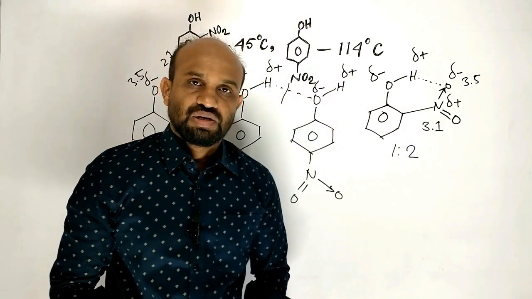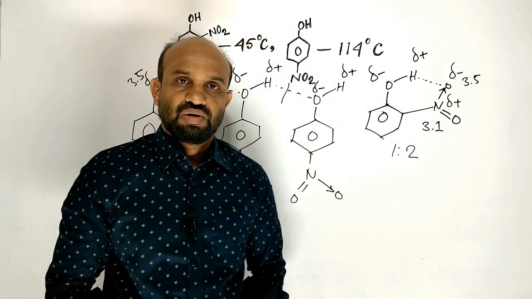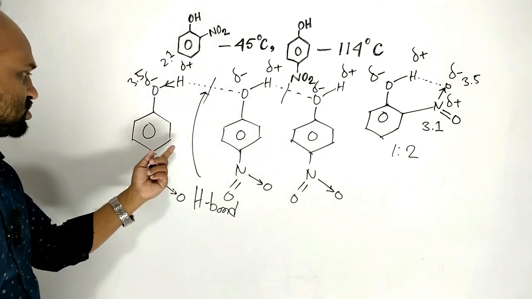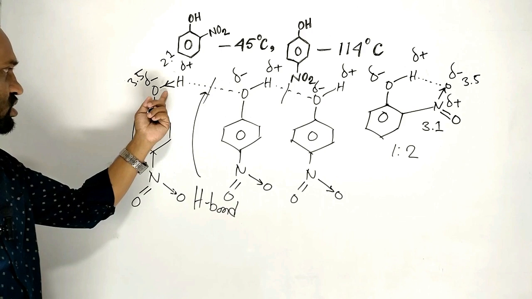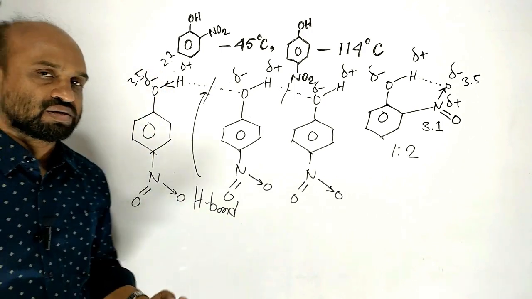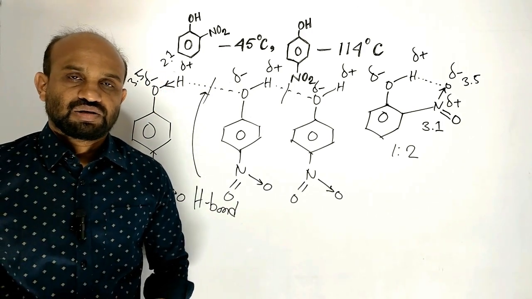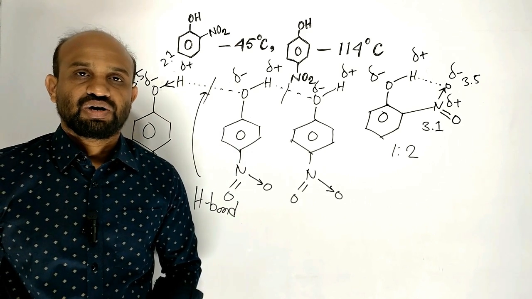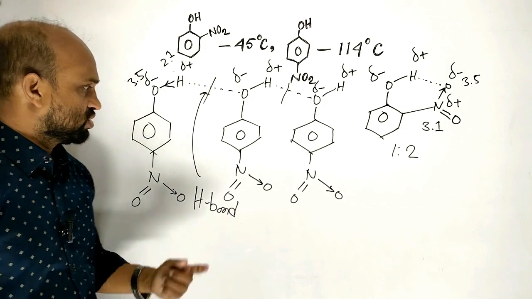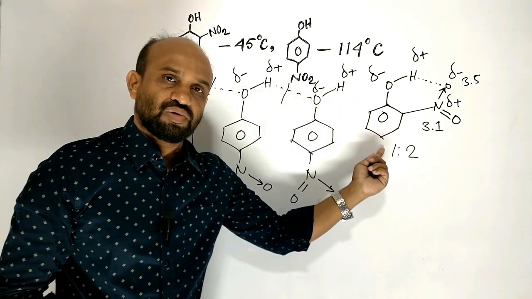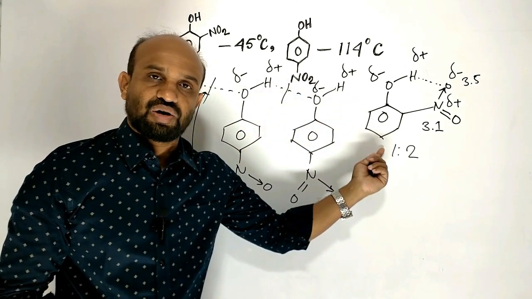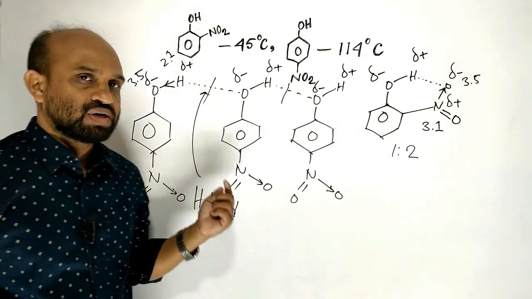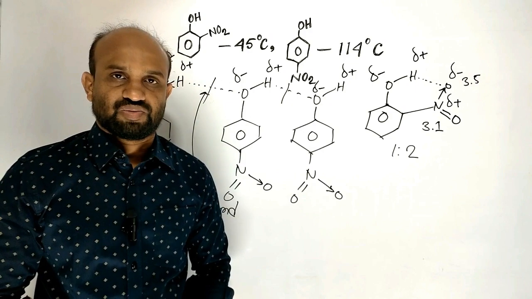That is why in orthonitrophenol, intramolecular hydrogen bond is formed, but in paranitrophenol, the hydroxyl group and nitro group are at the farthest distance. That is why in paranitrophenol, intermolecular hydrogen bond is formed. So in orthonitrophenol, intramolecular hydrogen bond is formed, and in paranitrophenol, intermolecular hydrogen bond is formed.